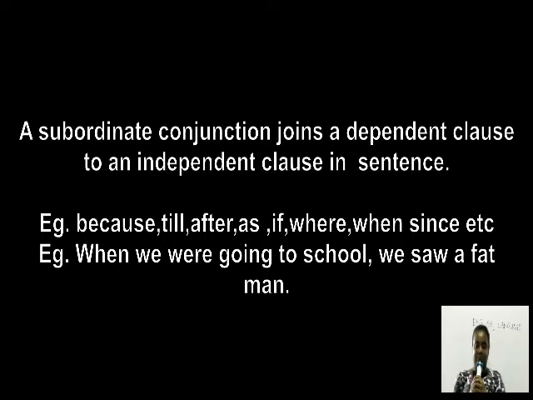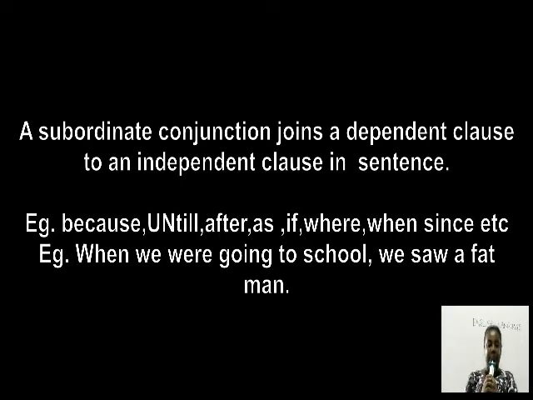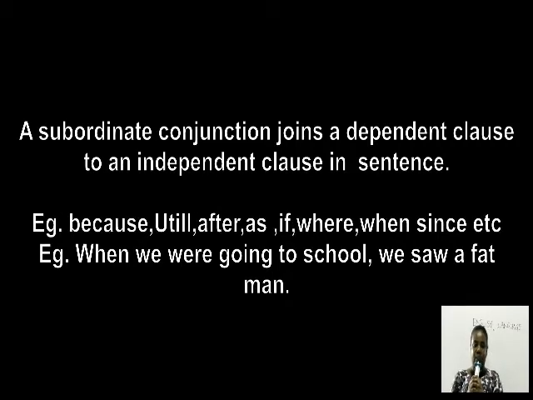Examples of subordinating conjunctions are on our screen. We have because, until, after, as, if, where, when, since, etc. These words are all subordinating conjunctions, and you can use them to join dependent and independent clauses.